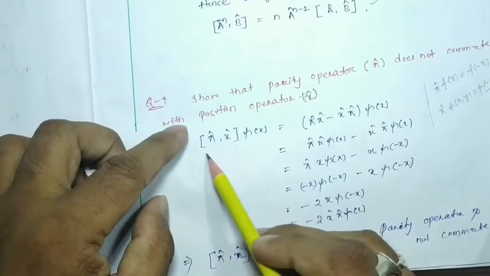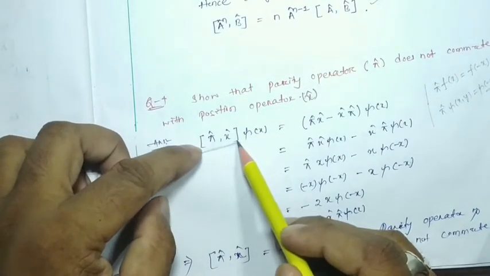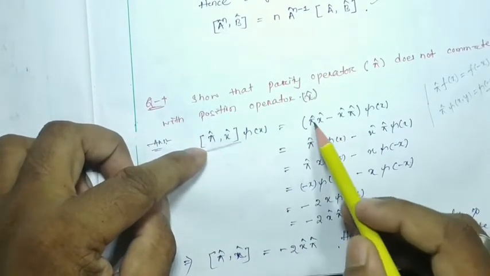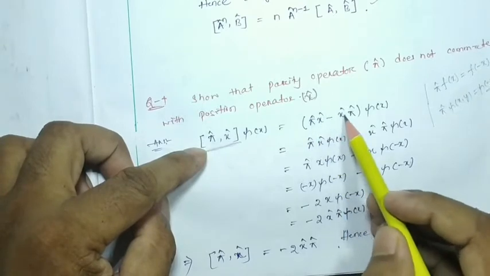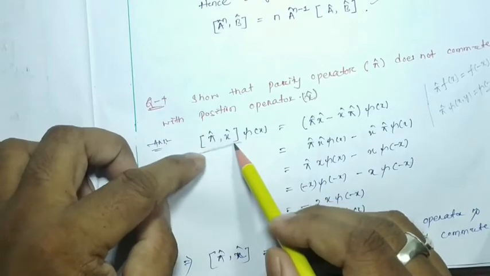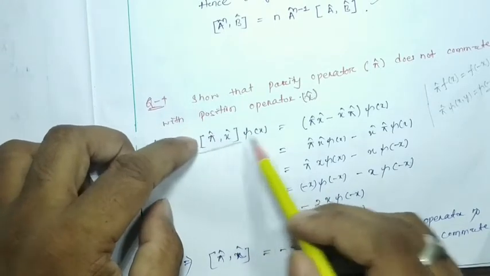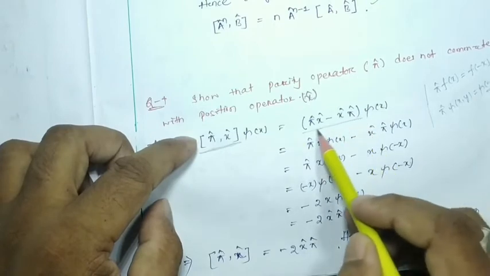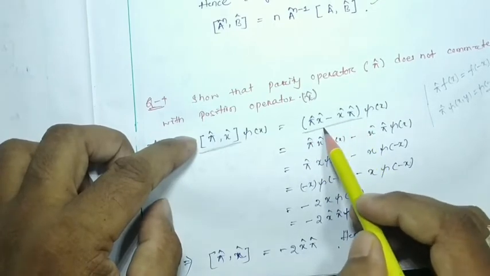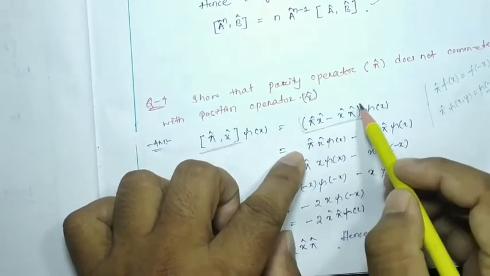So whenever you omit this square bracket, it will be written as pi cap x cap minus x cap pi cap, after segregating this commutation. Here you should not put the square bracket again.